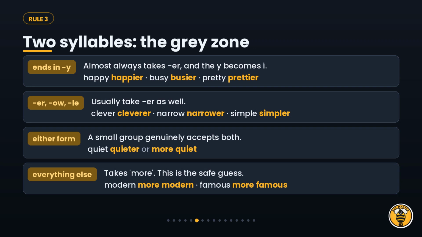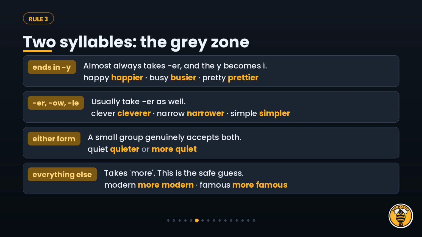Rule 3 covers two-syllable adjectives, and this is the grey zone where learners hesitate. Here is a reliable way to sort them. If the adjective ends in Y, it almost always takes ER, and the Y turns into an I. Happy becomes happier. Busy becomes busier. Pretty becomes prettier. If it ends in ER, OW, or LE, it usually takes ER too. Clever becomes cleverer.